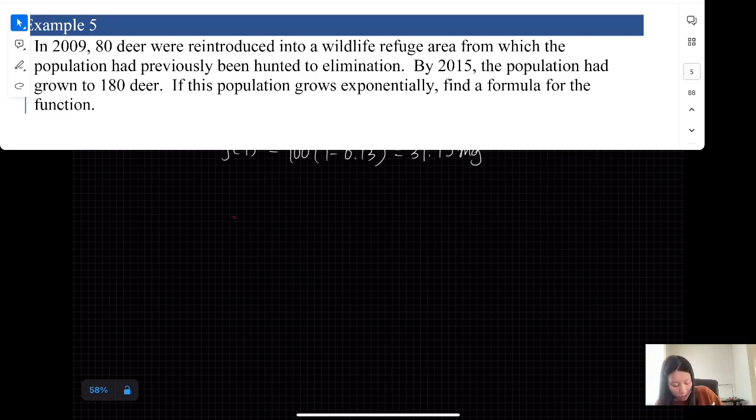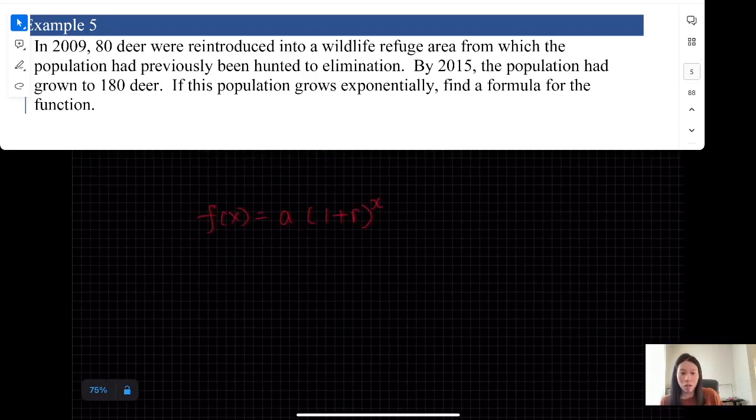Okay, so we know that the function is going to be f(x) = a times (1 + r)^x. Now they're giving you 18 deer in 2009, and then by 2015 you have 118 deer.